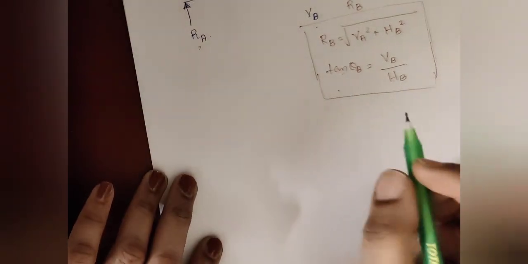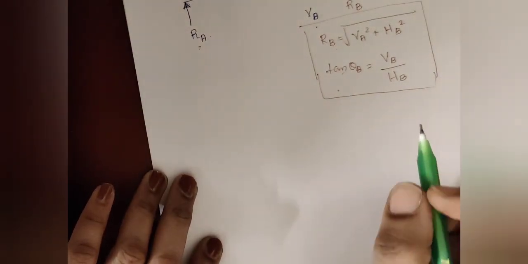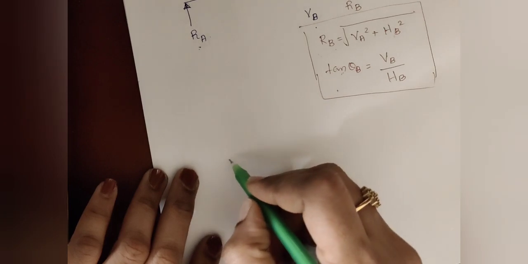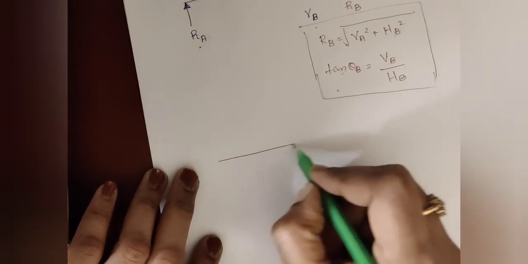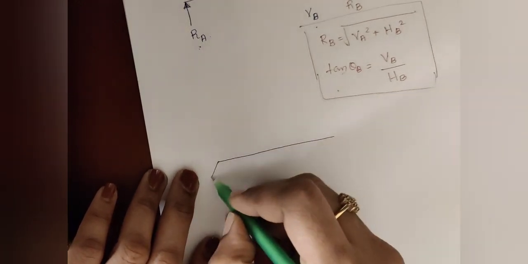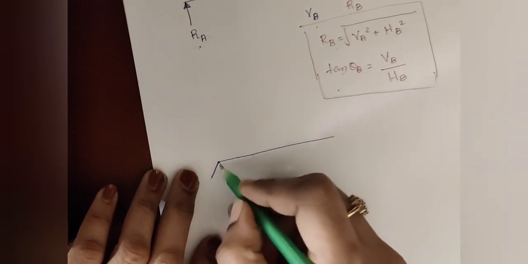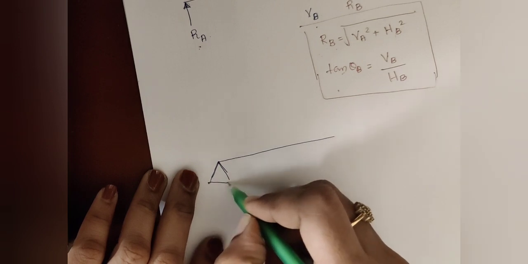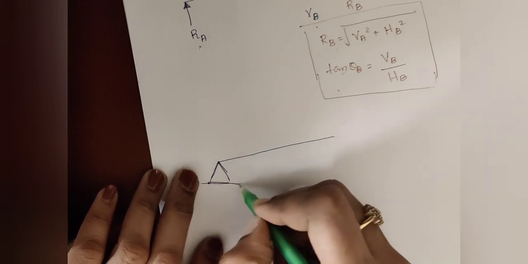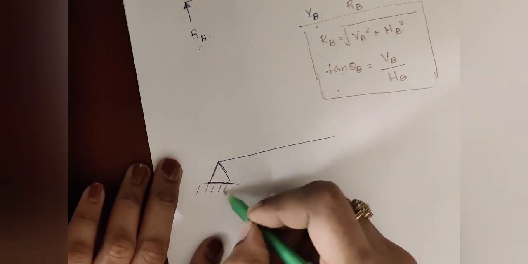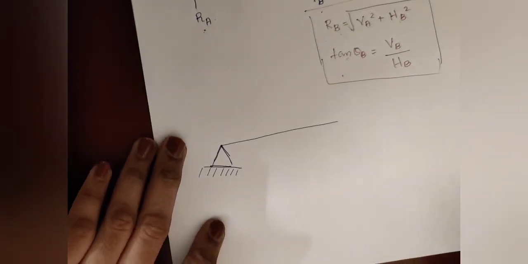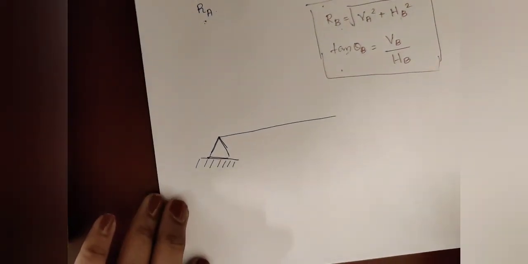So now the third point you have to remember is, suppose you are having a roller support which is inclined at some angle.